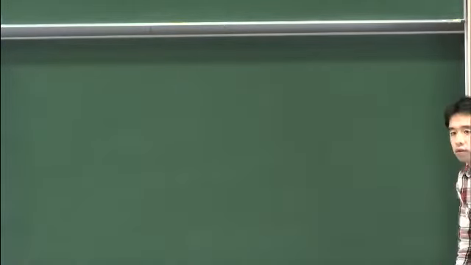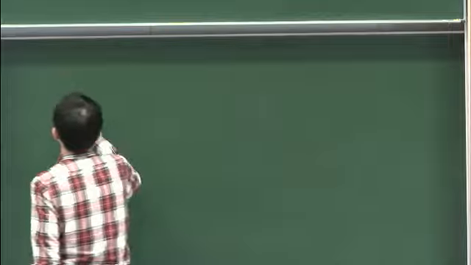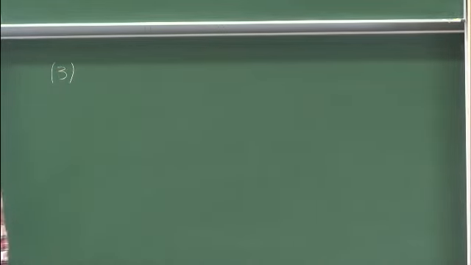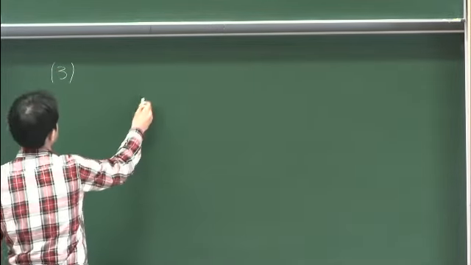Okay. And we also need to assume some kind of convexity. We call it strong convexity. So it's like this.